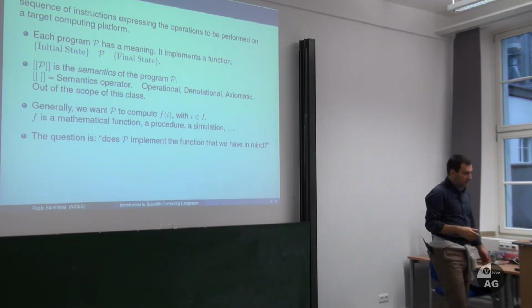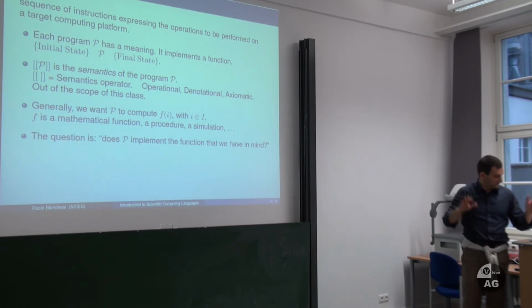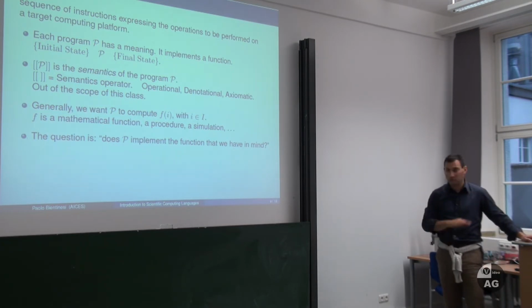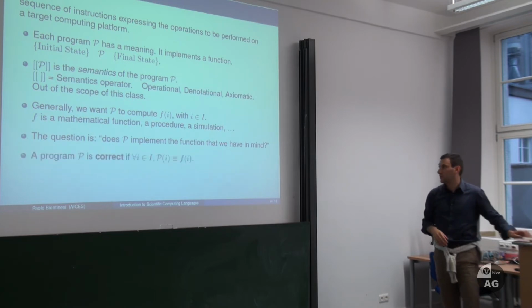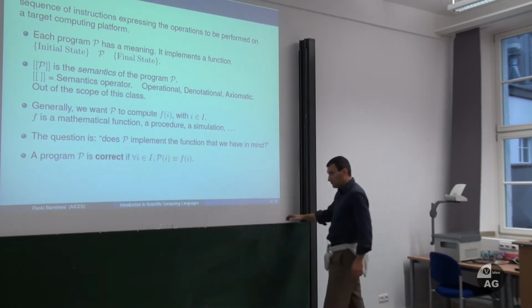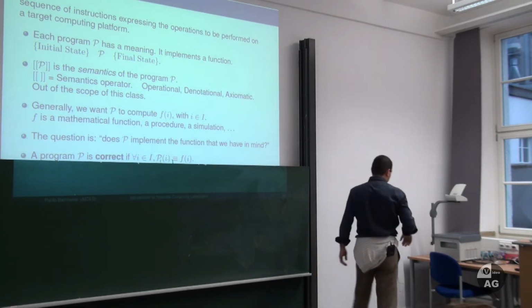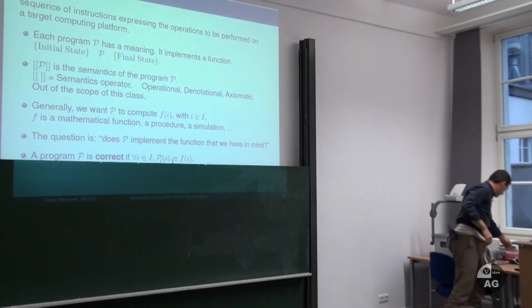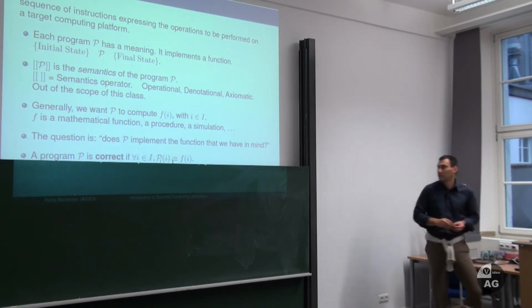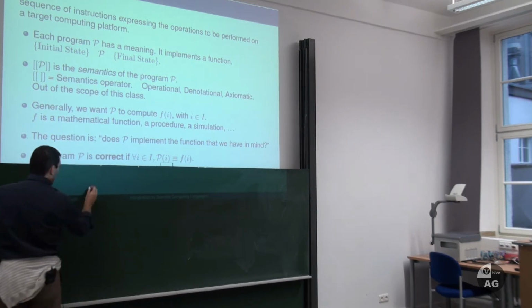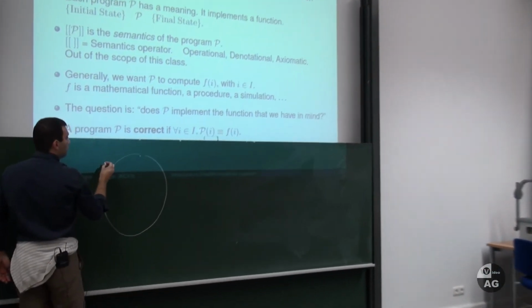There is a big area of computer science that talks about this. We will not cover this at all, but this is when I want to show you something. Chalk. Okay, so we have our input world.